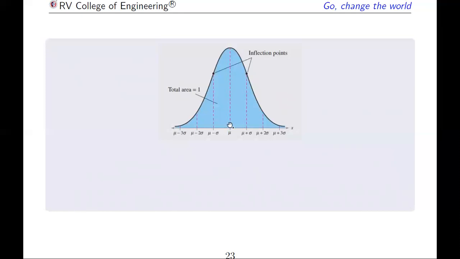Here we observe that the mean, mode, and median for this curve will be one and the same, equal to mu. If you find the area under this curve by integrating from minus infinity to plus infinity, we get the result as 1, that is the total area. This is symmetric about the mean, and these are the two inflection points that we discussed earlier.